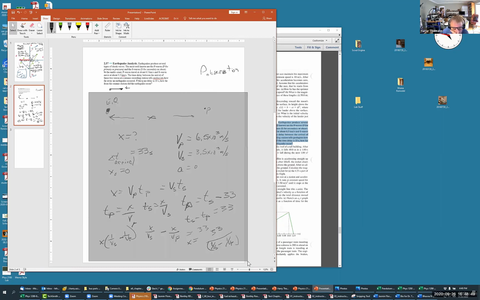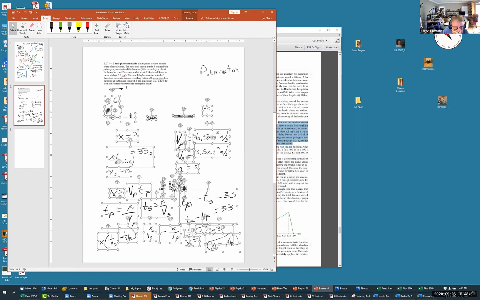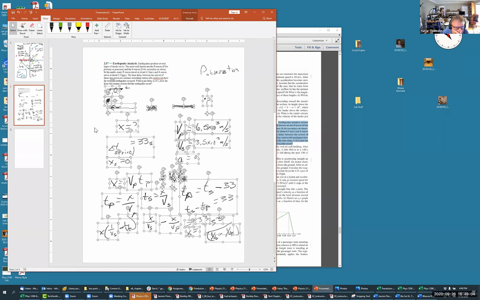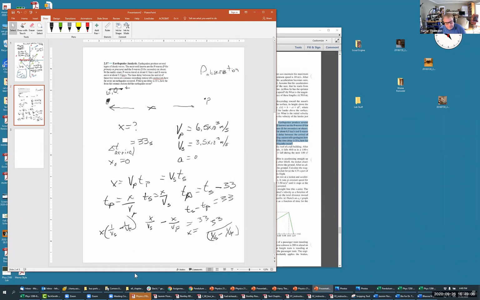So let's see. 1 over 6.5. Where's the inverse key?